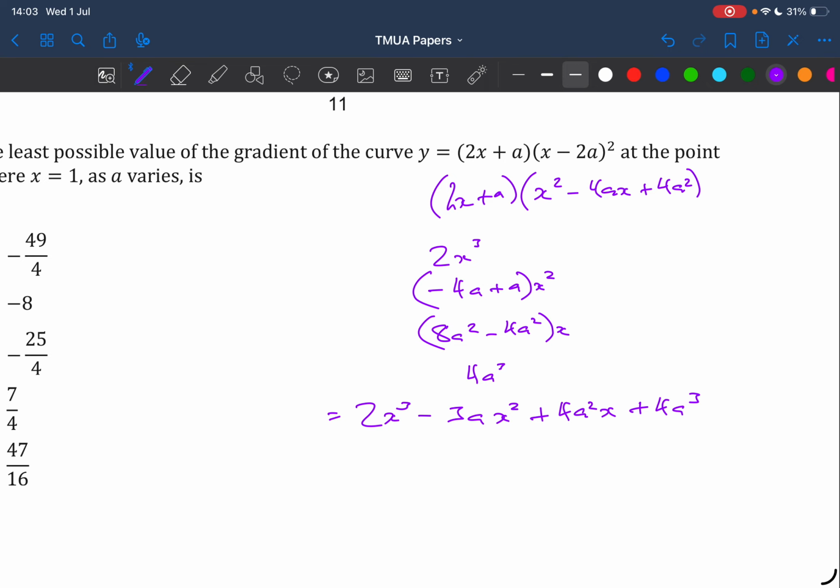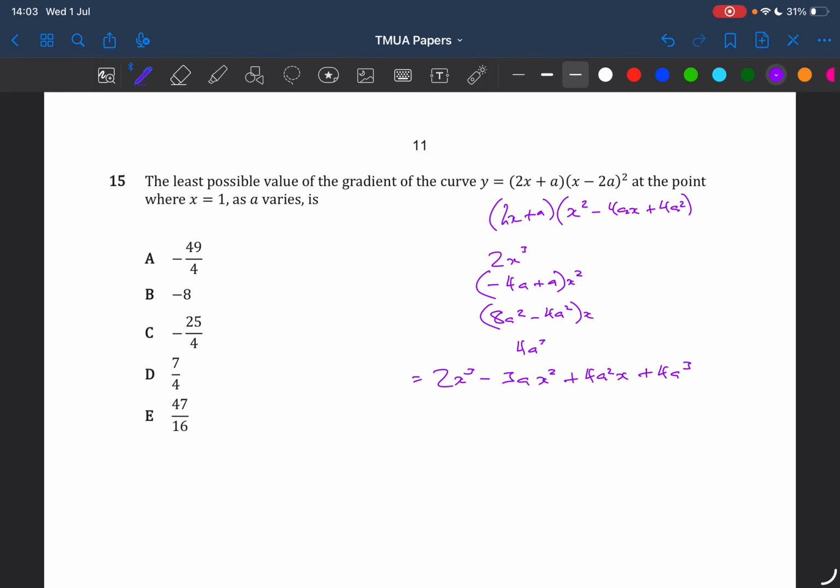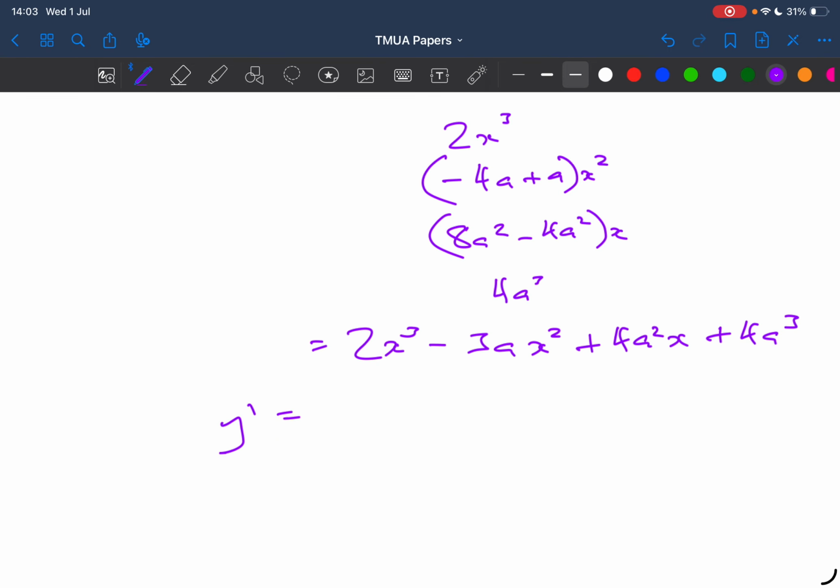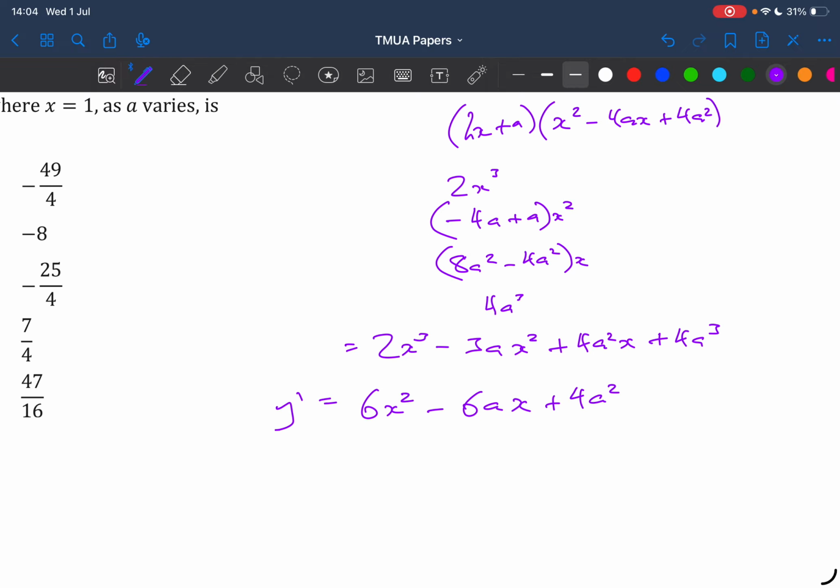That looks good. We want to differentiate this. So that's y, so y dash is going to be 6x squared minus 6ax plus 4a squared. And now we want to work that out when x is 1, don't we? So it's going to be 6 minus 6a plus 4a squared.